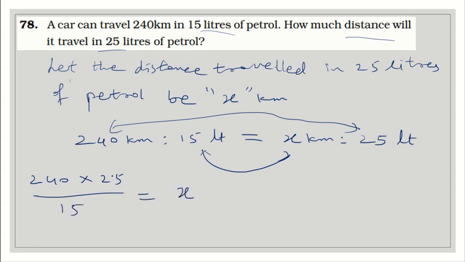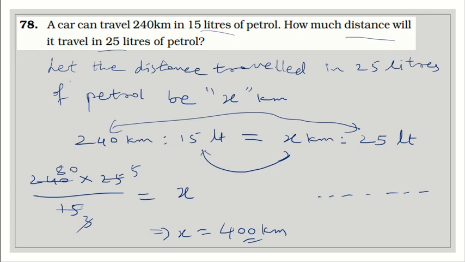So cancellation: 5 5s are 25, 5 3s are 15, 3 80s are 240. So 8 5s, it gives x equals 400 kilometers. So write the conclusion. Therefore the distance travelled is 400 kilometers in 25 liters of petrol.